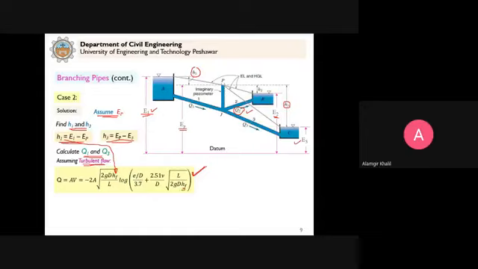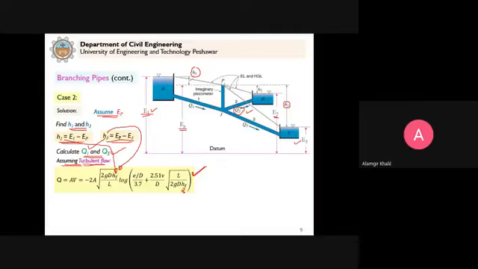All other things are known. You will calculate Q1. Then you can put this H3 here and also here, and then we can calculate Q3. But here the assumption is that the flows are turbulent. So it means that these discharges will be correct only if the flows are turbulent.